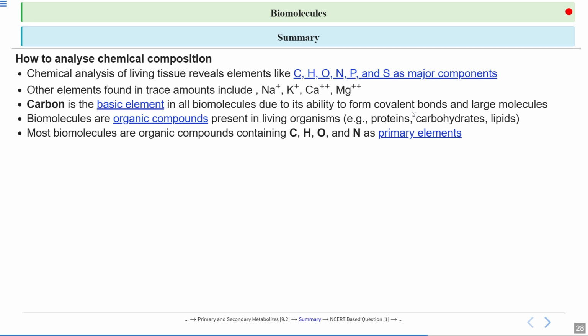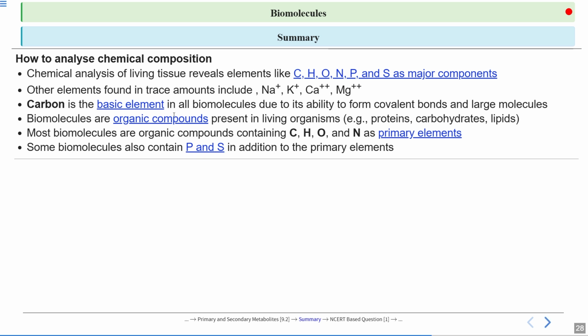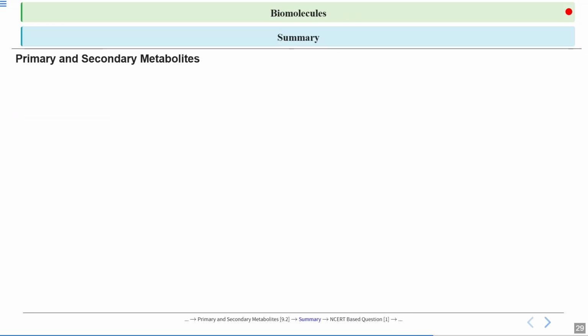Most of the biomolecules are organic compounds containing carbon, hydrogen, oxygen, and nitrogen as the primary elements. Some biomolecules also contain phosphorus and sulfur in addition to the primary elements. Like DNA contains phosphorus, and amino acids contain sulfur.